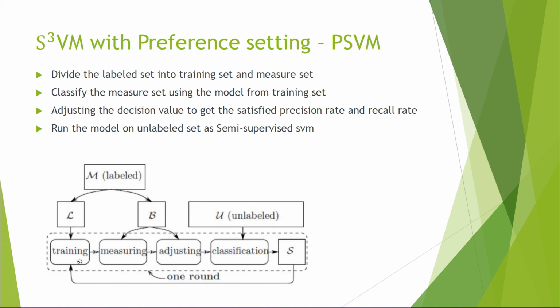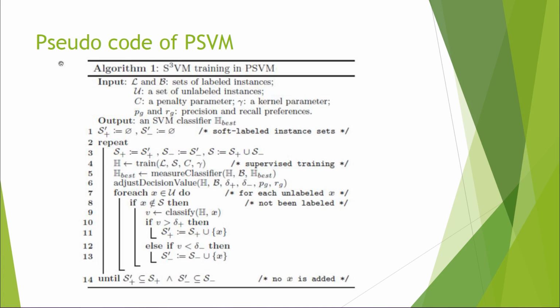After the model is measured and adjusted, it will run the model on the unlabeled set as semi-supervised SVM. Here is the pseudocode of the PSVM. The labeled instances are divided into A and B here, and the unlabeled instances are denoted as U, with the penalty parameter and the kernel parameter as in the standard SVM model. Here are the positive set and negative set.